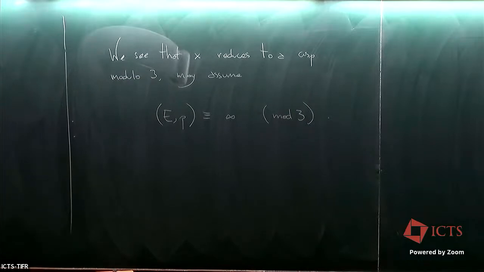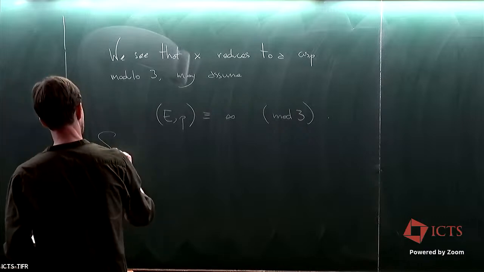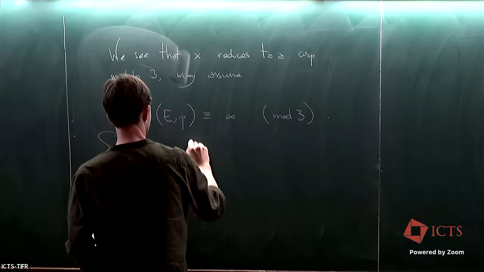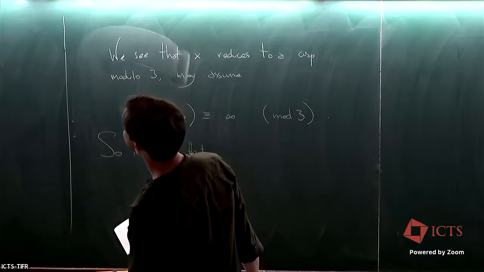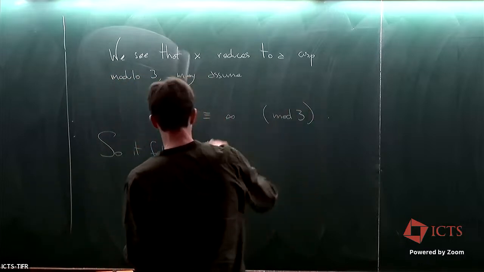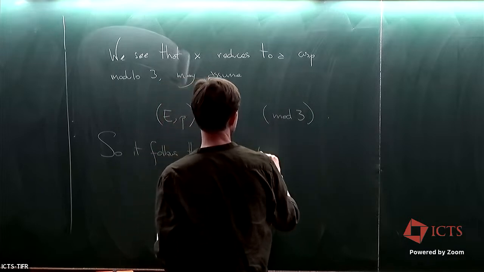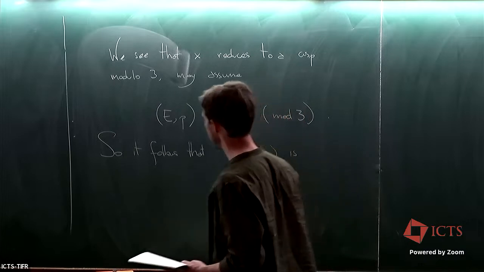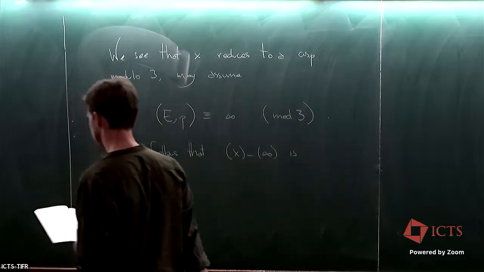Now, that's a little bit funny, because if we look at the associated point in the Jacobian to X, then 2 things need to be true about this divisor that seem kind of contradictory to each other. Because you see, it follows that the divisor X minus infinity on the Jacobian must be 2 things at the same time.